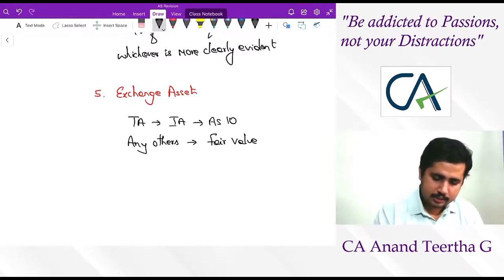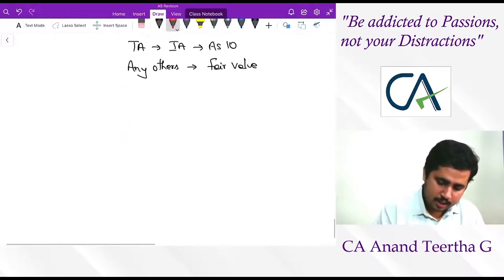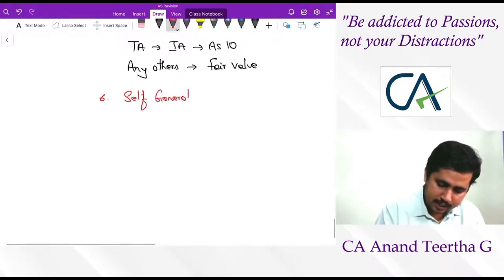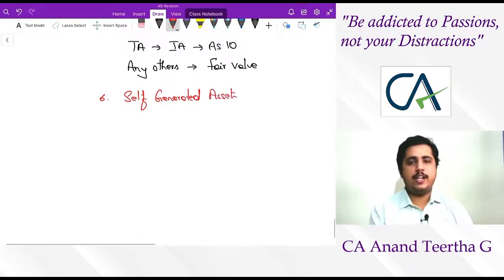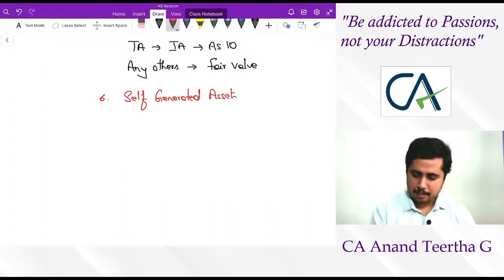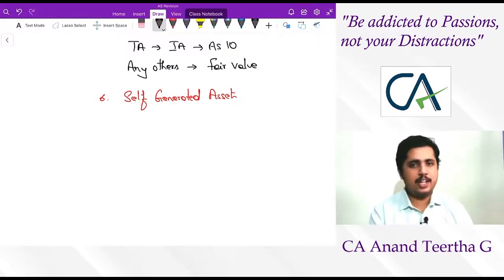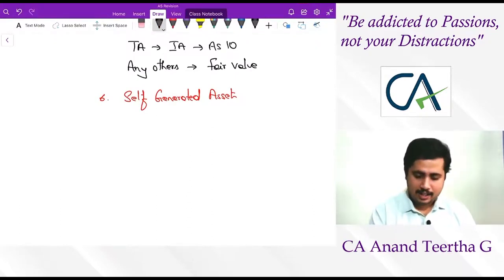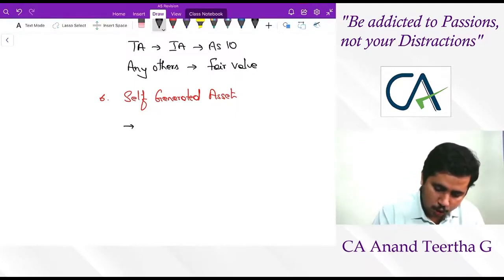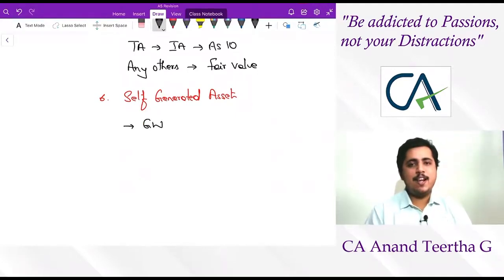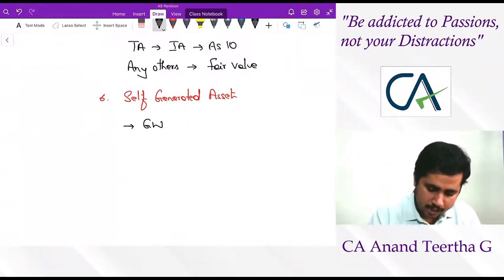Then the last and the most important one, self-generated assets. If there are any self-generated assets, then what are we supposed to do? How is it supposed to be capitalized? Number one, if there are self-generated intangible assets, at that time, if it's first leading to goodwill, if there is a self-generated goodwill, what are the problems with self-generated goodwill?